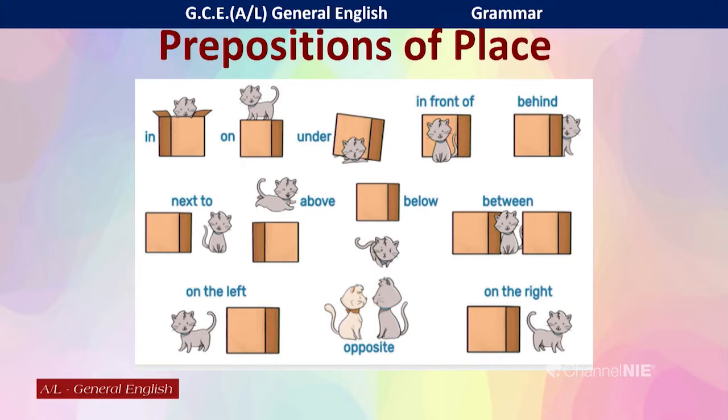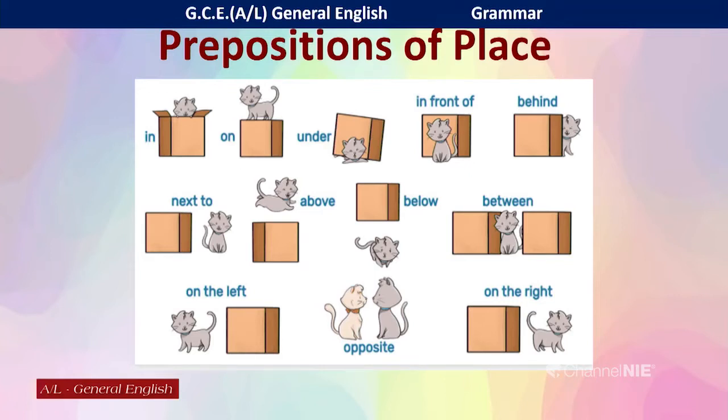In the second picture, the kitten is on the box, the surface. In the third picture, the kitten is under the box. The kitten is in front of the box. The kitten is behind the box. The kitten is next to the box.